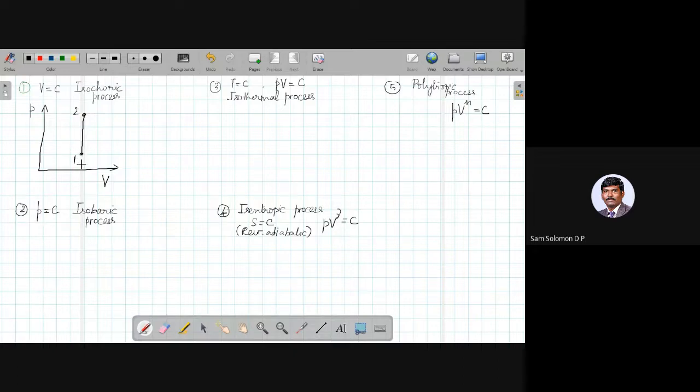If you extend this, you will find that volume V1 is equal to volume V2, but state point 1 has a different pressure P1 and state point 2 has a different pressure P2. The volume is the same, but the pressure is different. So this is the volume equal to constant process, which is the isochoric process.